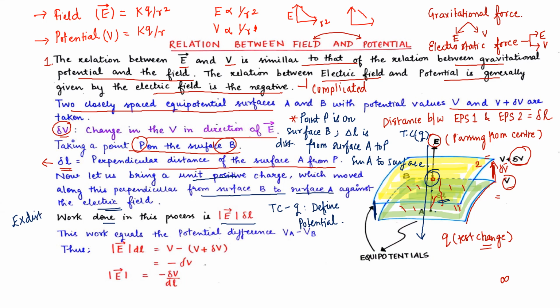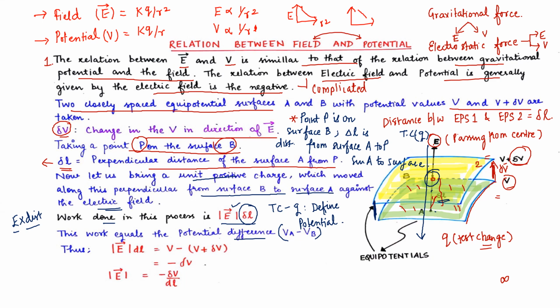So this is the electric field and the distance between the two equipotential surfaces is delta L. I have already explained how we found this delta L. Now this work equals the potential difference VA minus VB.